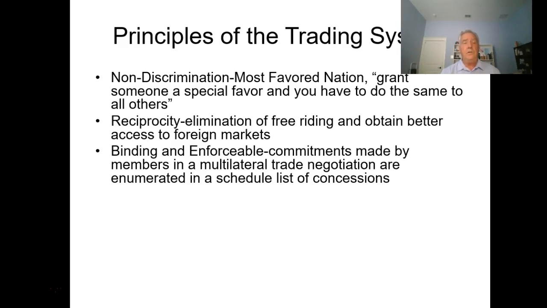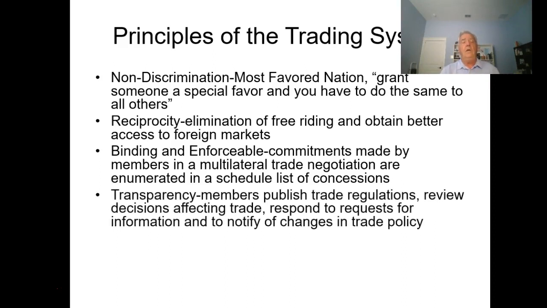So those agreements, once they're approved by your local Congress, or in the case of a lot of countries, a parliament, they become enforceable. And they are multilateral trade negotiations. They're enumerated in a schedule list of concessions. So all of this information is binding and enforceable by the World Trade Organization. That's again where you have a dispute with someone, you take it to the World Trade Organization and they will arbitrate it for you.